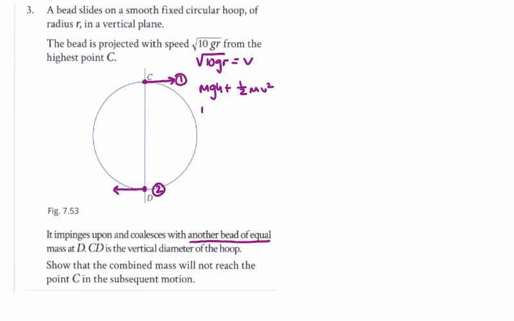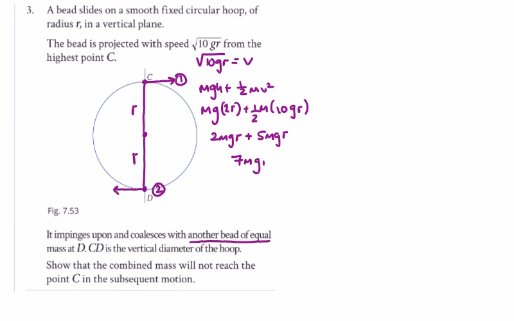At position 1 we have m times g times h, which is two radiuses above D. If we take D as 0, we can take the height here as 2r, plus a half times m times 10gr, the square root of 10gr squared. So we have 2mgr plus 5mgr. It's given in terms of mgr. We have energy at position 1 of 7mgr.